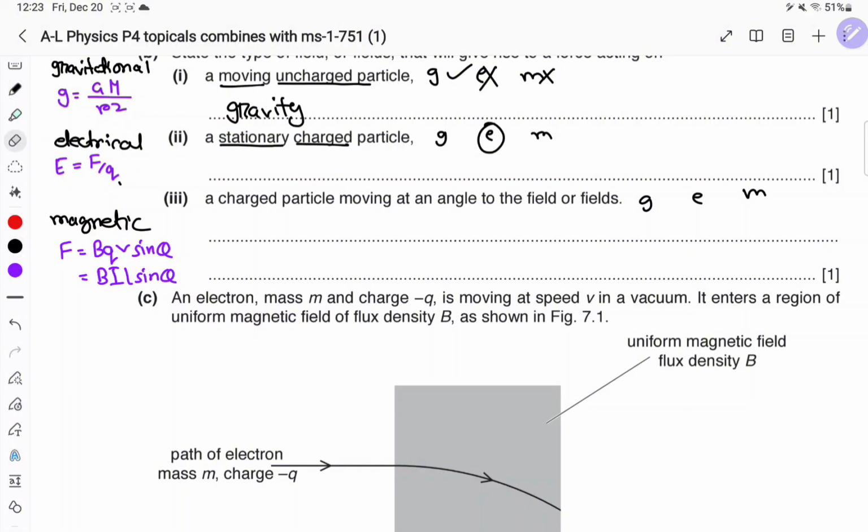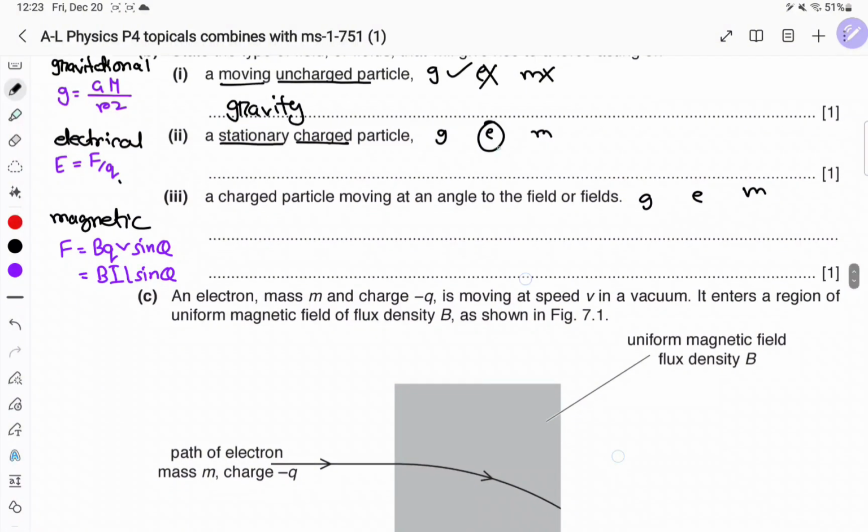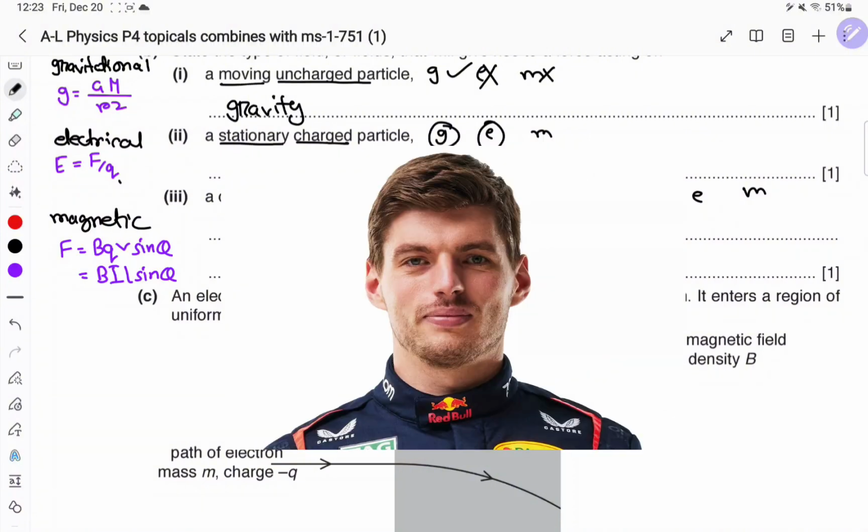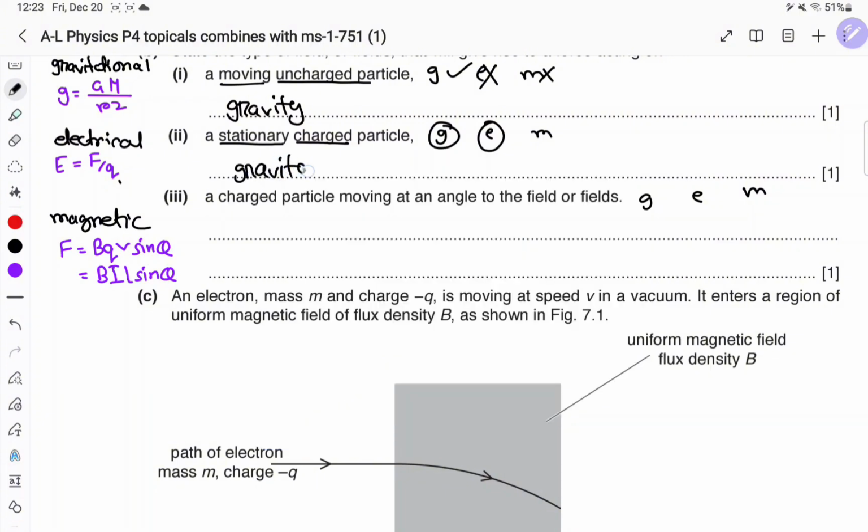So we can cross out the magnetic. So it will be electric and gravitational.